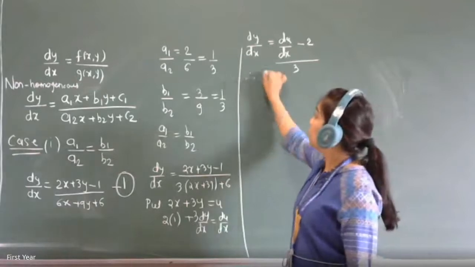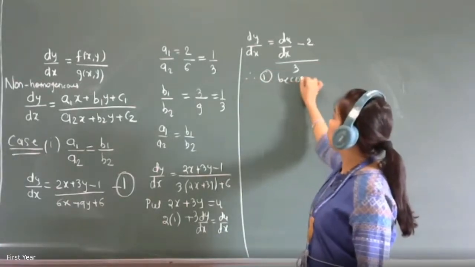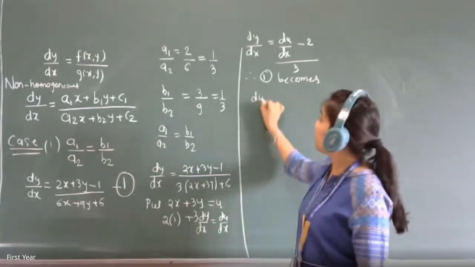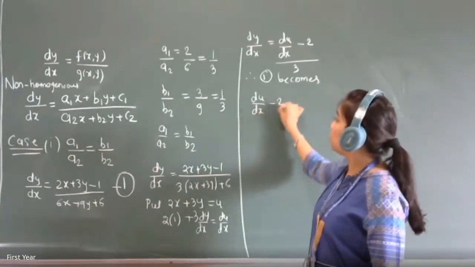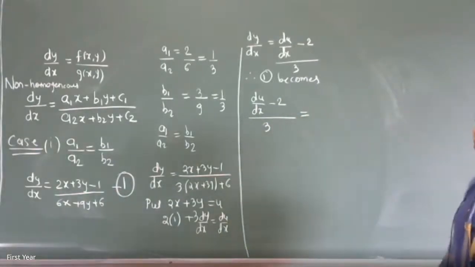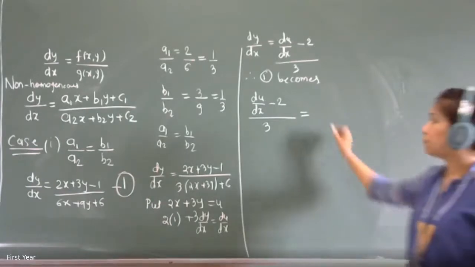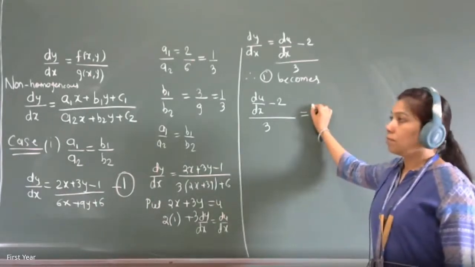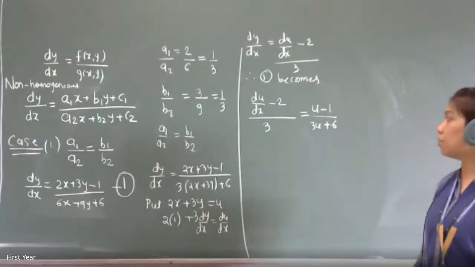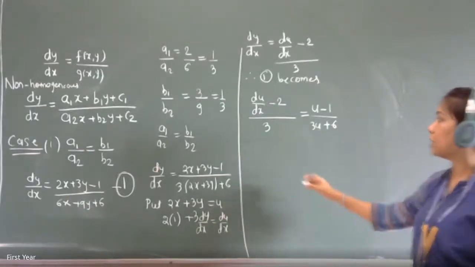So the given differential equation will become du by dx minus 2 divided by 3 is equal to, what is the right hand side? Just put the value of 2x plus 3y is equal to u. So it will become u minus 1 upon 3u plus 6. Again you can see in the denominator you can take 3 common, that 3 and 3 will get cancelled.